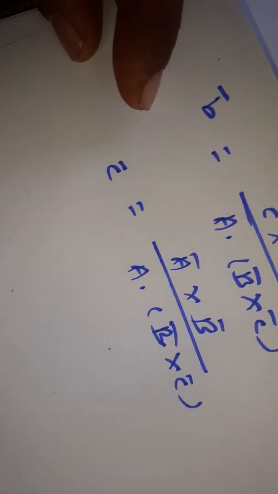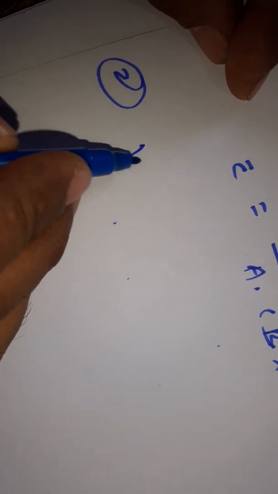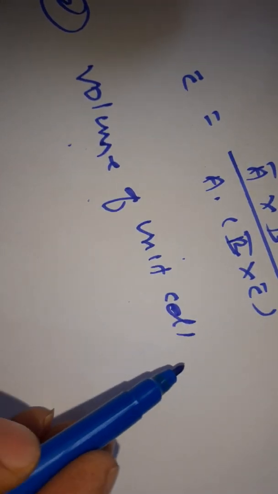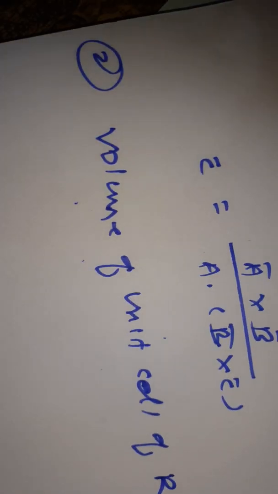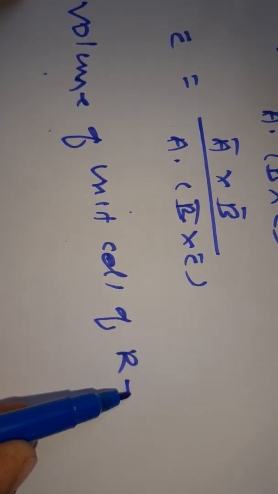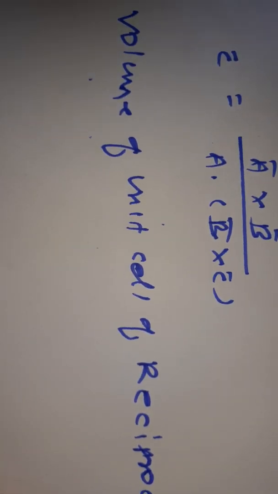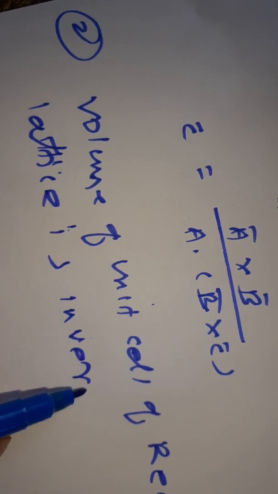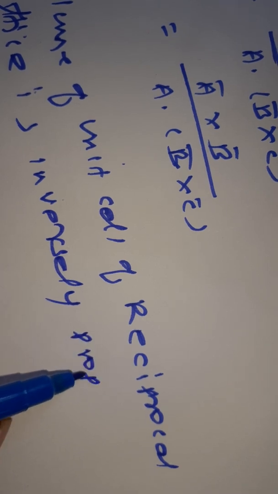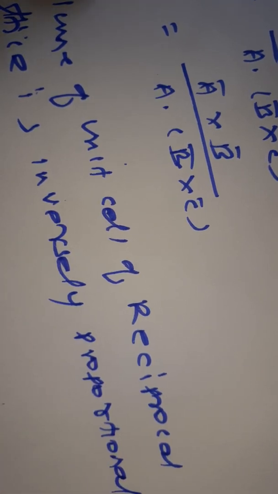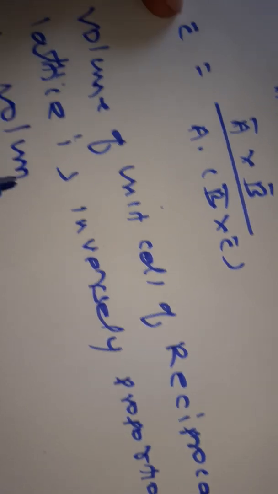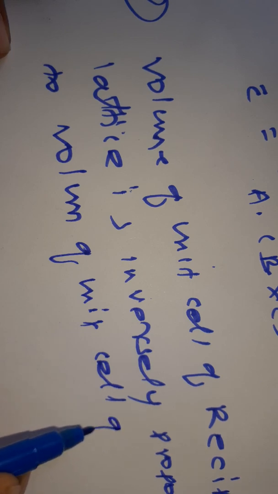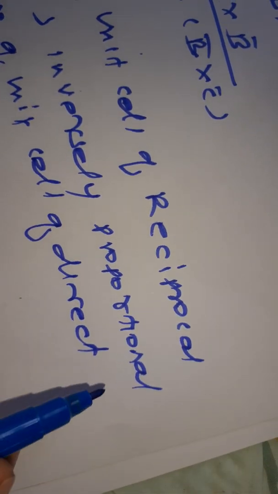That property's name is, you have to ask sometimes the question: the volume of the unit cell of the reciprocal lattice is inversely proportional to the volume of the unit cell of the direct lattice.